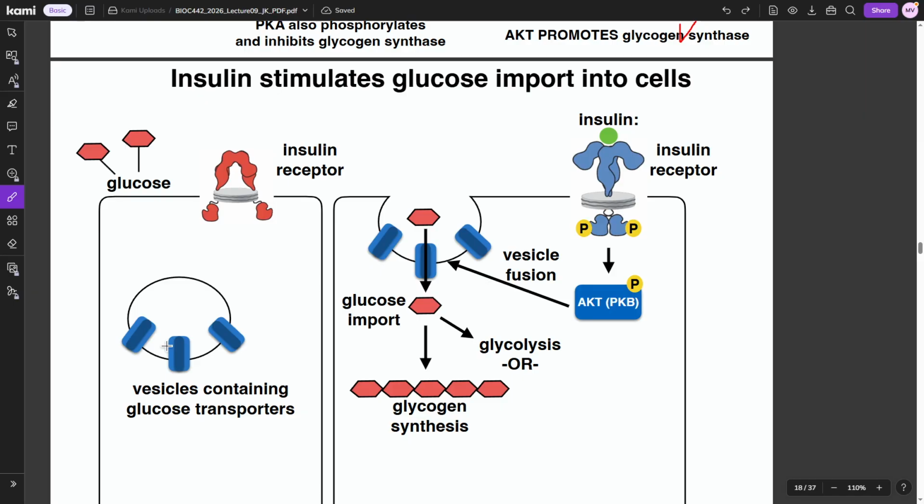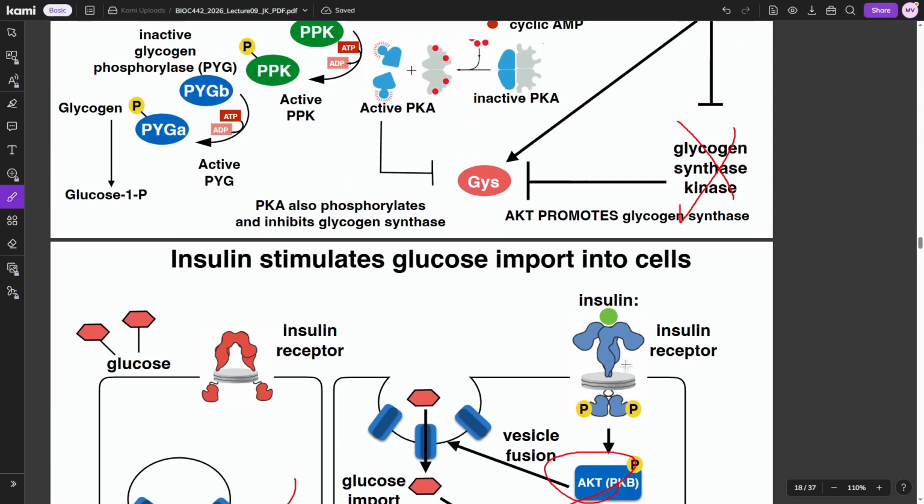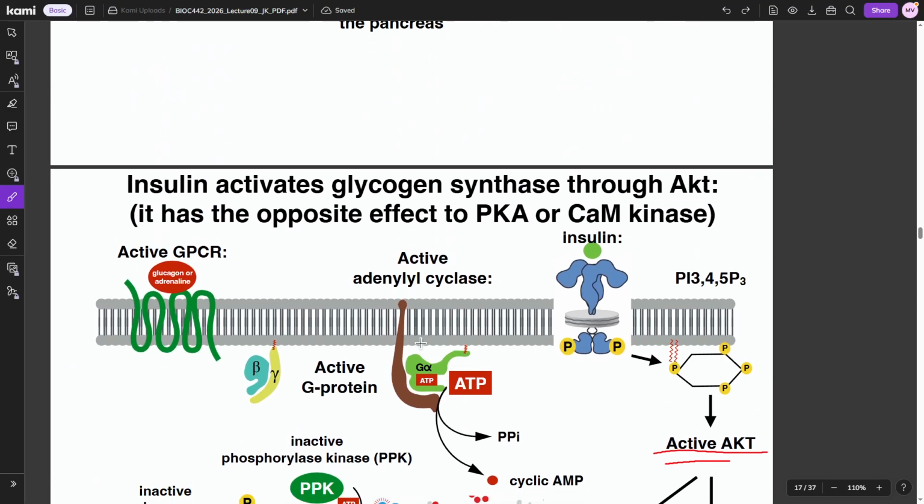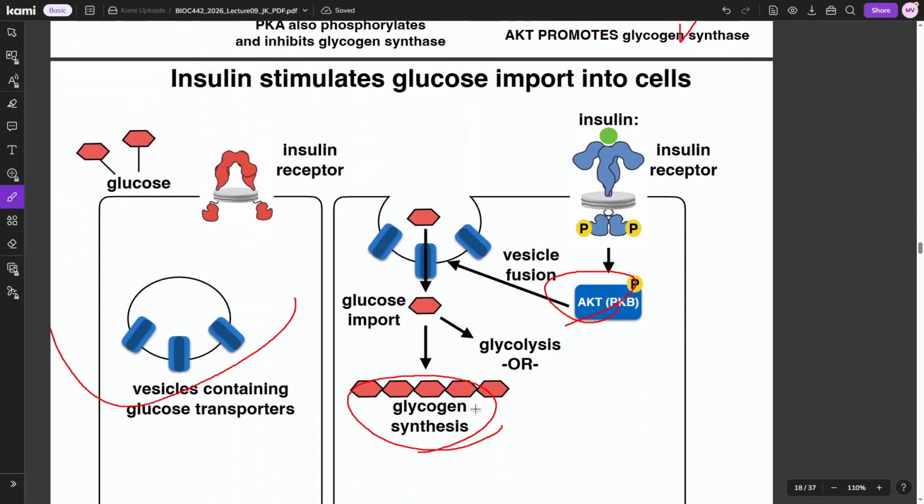It puts the vesicle into the membrane, causes these transporters to sit in the membrane, which allows for more glucose transport into the cell. And then remember, it also upregulates glycogen synthase. So it would promote glycogen synthesis or glycolysis, because remember, it inhibits gluconeogenic pathways. So it promotes glycogen synthase and also supports glycolysis, as well as promoting fusion of these vesicles to the membrane, which allows for more glucose transport from the outside to the inside of the cell.